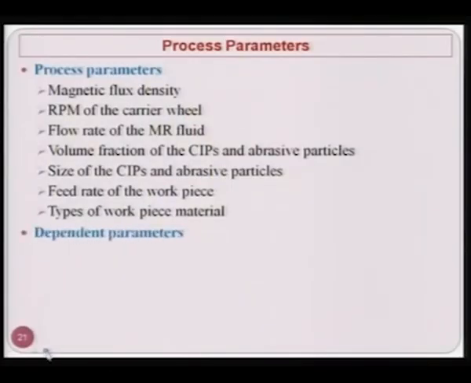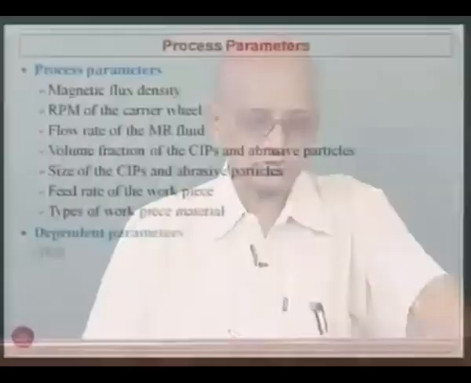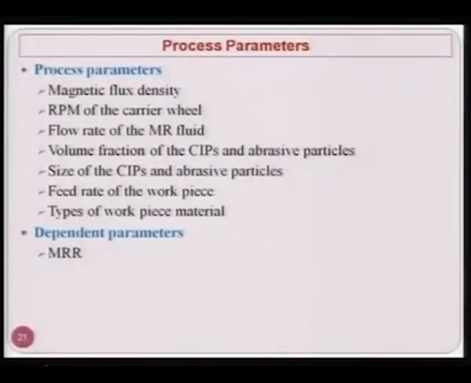Now, there are certain parameters which depend on these finishing parameters, and these include material removal rate. These are also known as responses, which are going to decide the performance of the finishing process.